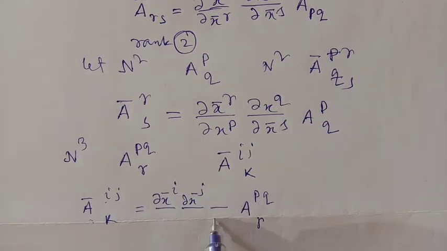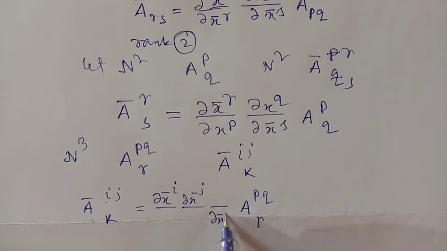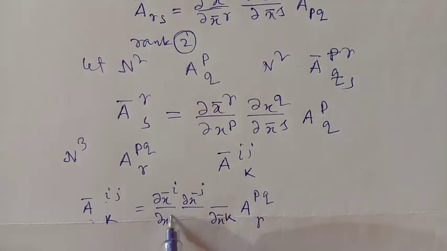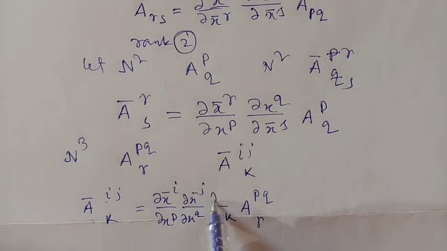One covariant component, so you write ∂x̄^k. Then in place of i you write ∂x^p, ∂x^q, and in the denominator ∂x^k you write r.